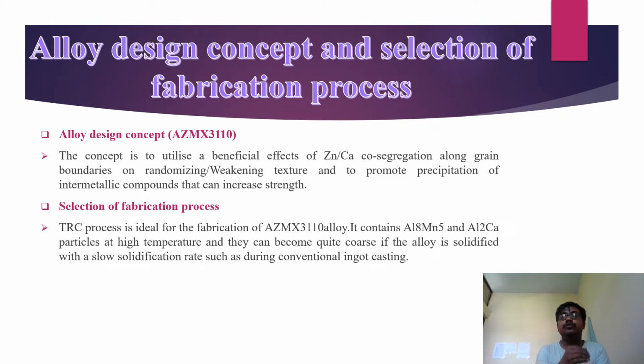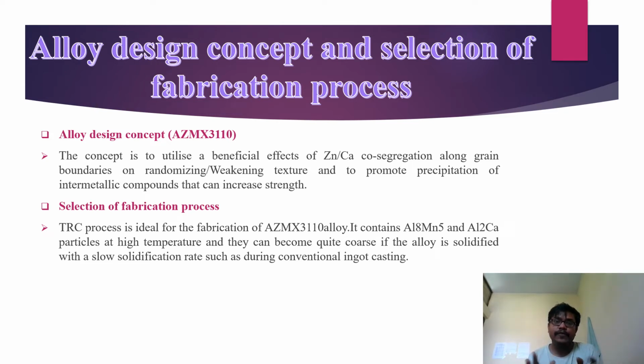By both of those processing methods, we were able to achieve good formability, but not high yield strength. Whenever we got high formability, the inverse effect on the yield strength was seen. So our motive is to increase the formability of the magnesium alloy, but not at the cost of yield strength.